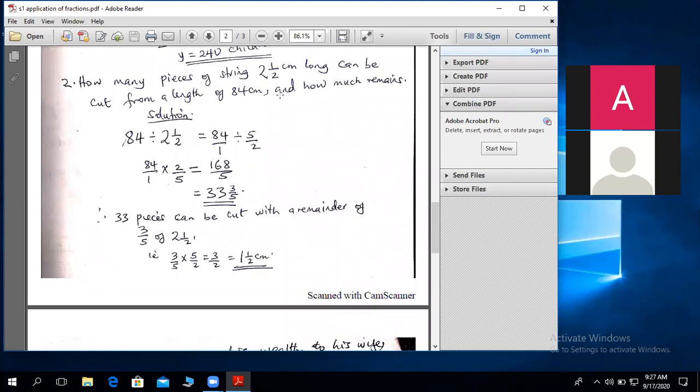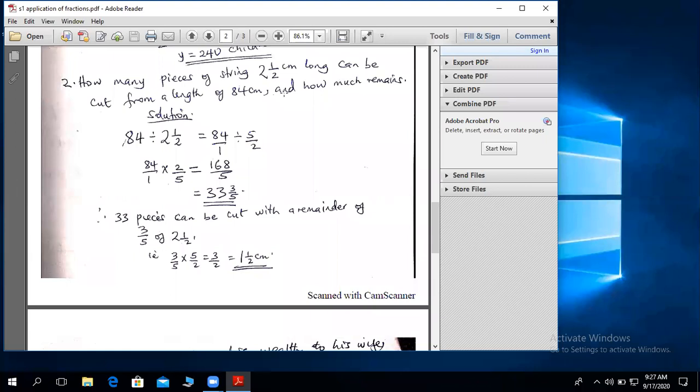So you ask yourself, do you have to add here? Do you have to subtract? Do you have to multiply? What do you have to do? You have a long string. Let's say it is this one. It is 84 centimeters.